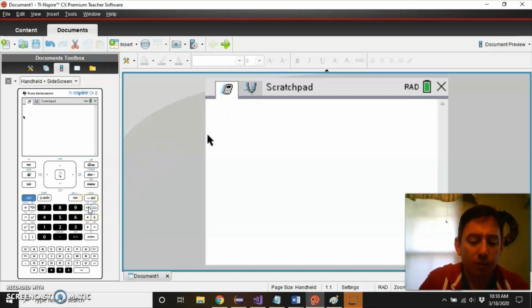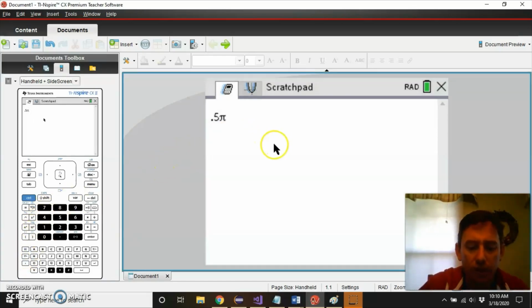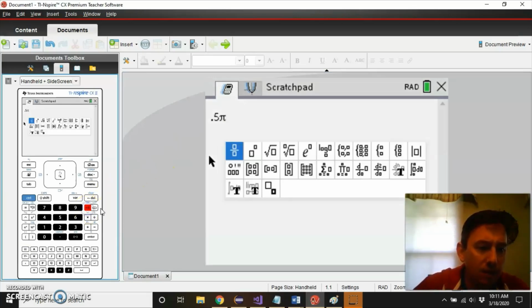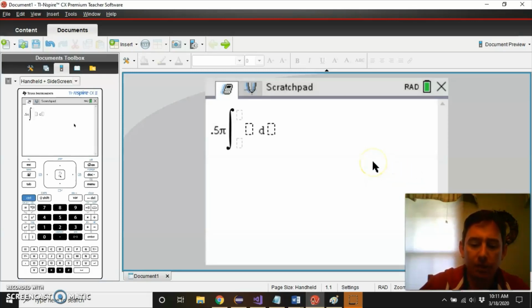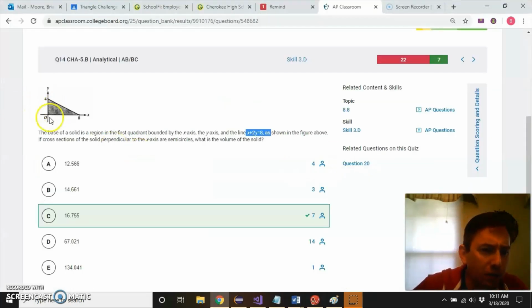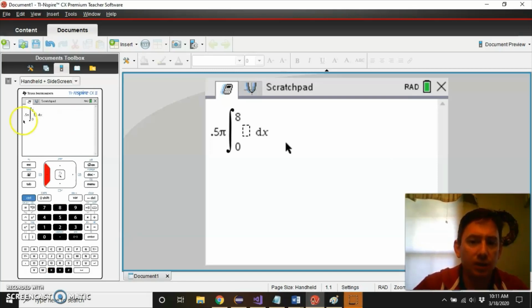All right, so if the formula is 1/2 pi r squared, pi, the integral from, looks like from 0 to 8. It's going to be in terms of x because we're using dx.